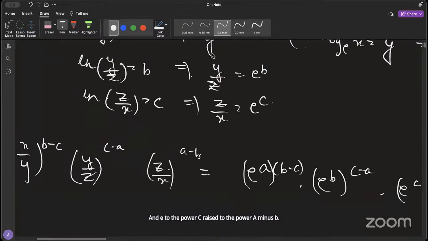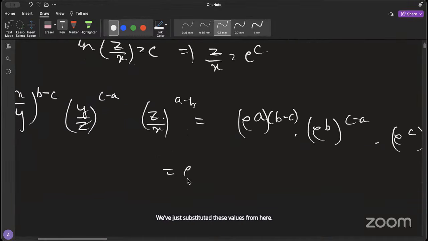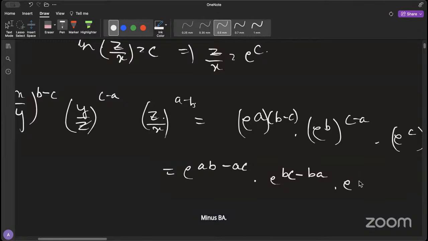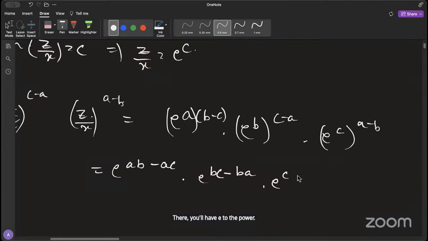We've just substituted these values from here. So you will have e to the power ab minus ac, e to the power bc minus ba, and e to the power ca minus cb.